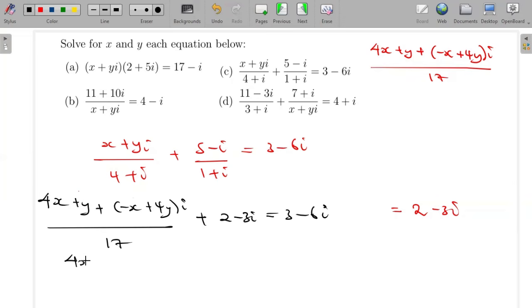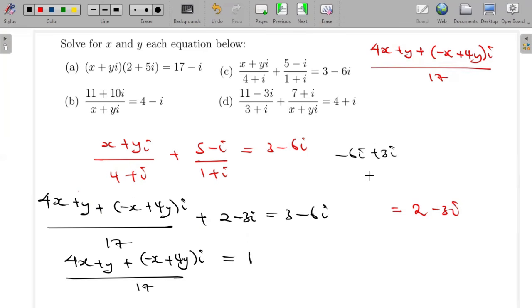Then I'll say 4x plus y plus negative x plus 4y times i over 17. Then I can take this to the other side: 3 minus 2 gives me 1, this becomes positive, and you have negative 6i plus 3i, which just gives you negative 3i. So you get negative 3i here.